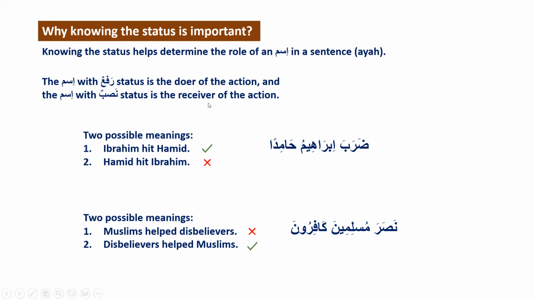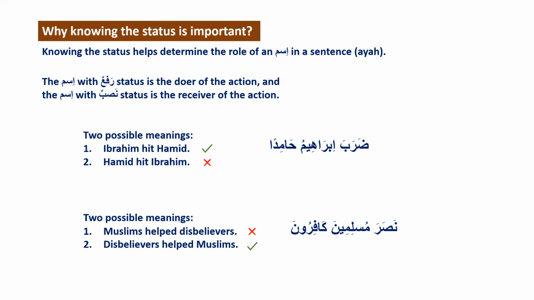The question from another brother was, what does Rafa mean? What does Nasab mean? What does Jar mean? Whatever they mean, we can talk about that. This is just a vocabulary question. But more important is, what if the status is Rafa? What does it really mean in the context of the sentence?